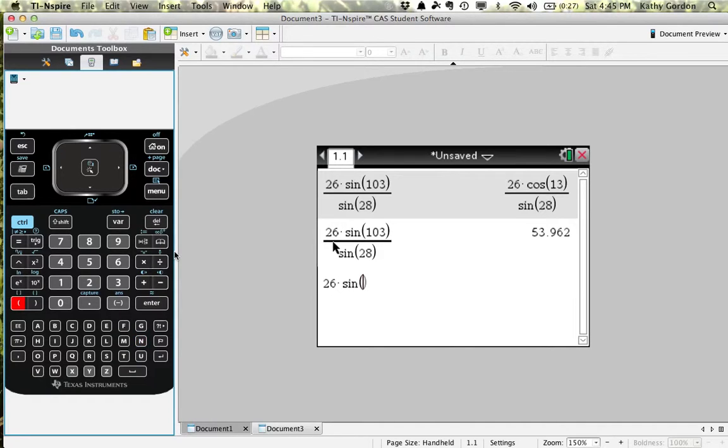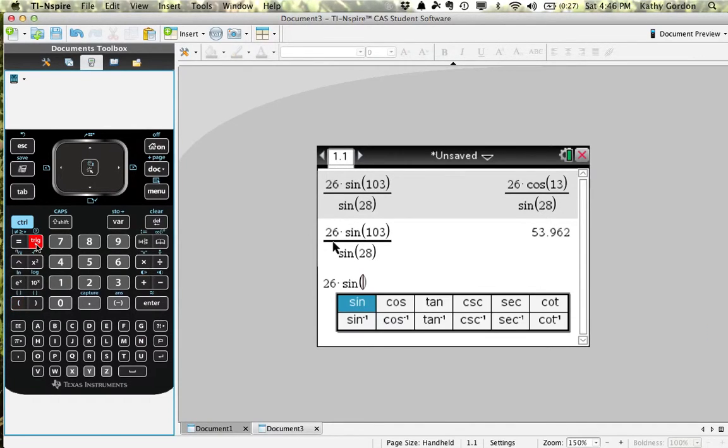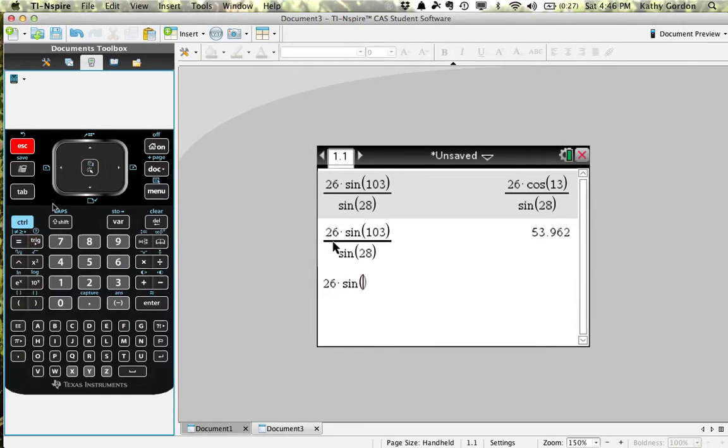But then you have to put your own parentheses for whatever it is you want to put in it. If you go here and get your sine in the trig menu, the parentheses will automatically come up with it. Okay, but if you just want to type SIN, you can do that, but then you'll need parentheses around whatever you're taking sine of. So in this case, it's the sine of 49. Get outside of my parentheses and divide by the sine of 28.